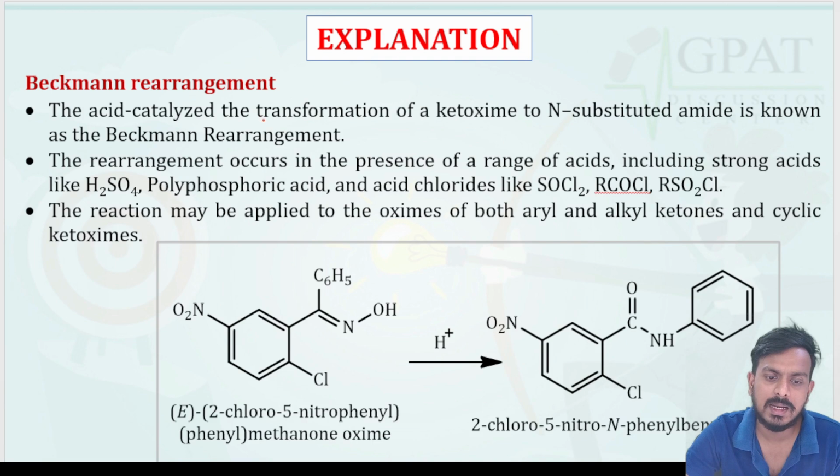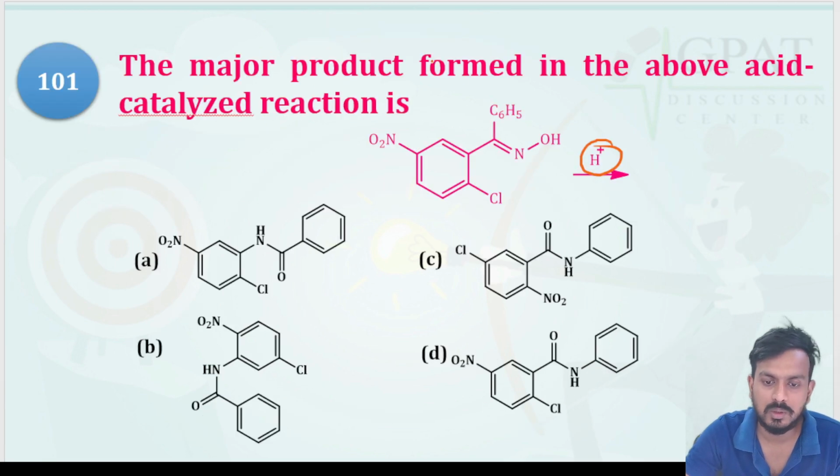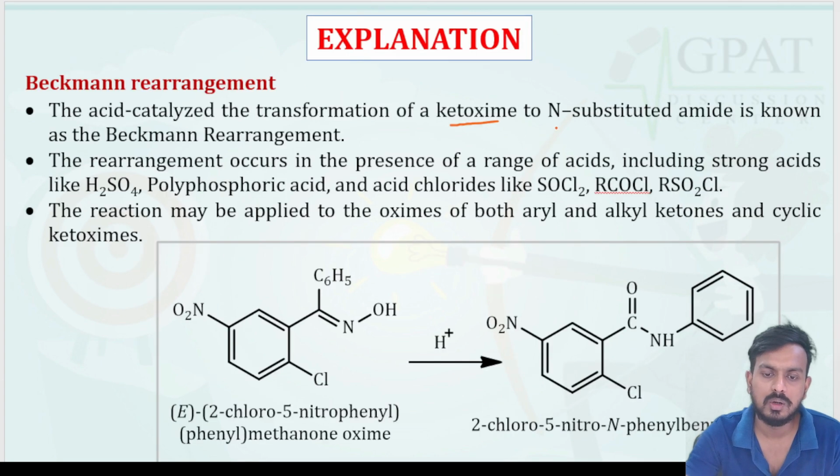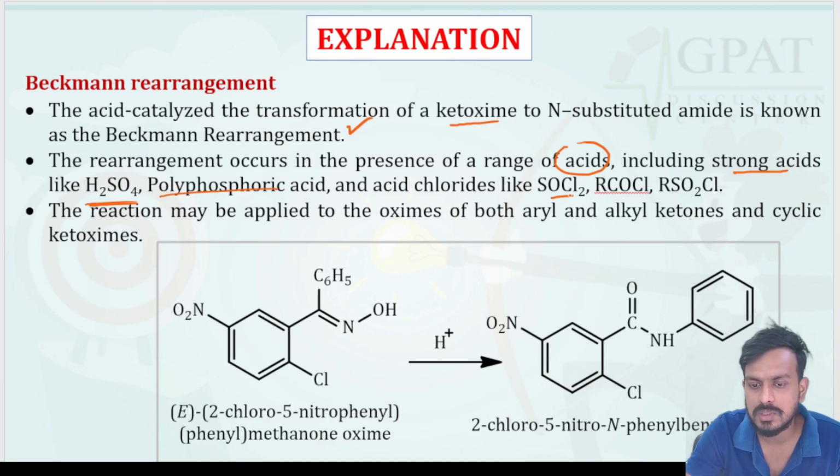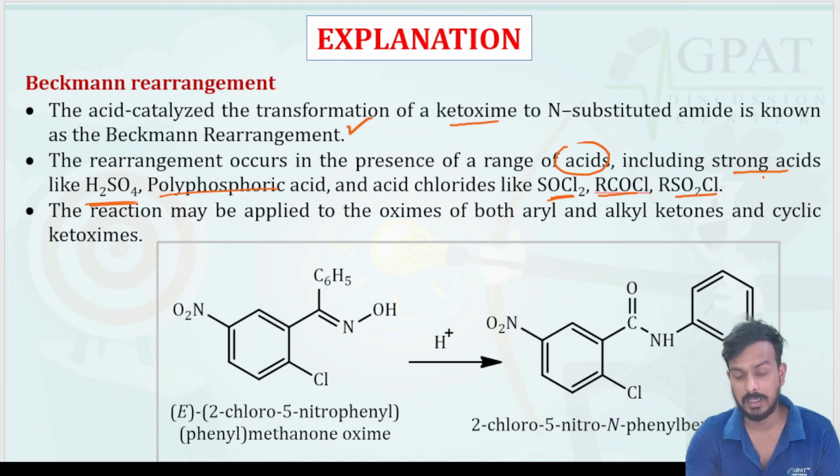The acid catalyzed transformation of a ketoxime to an N-substituted amide is known as the Beckmann rearrangement. The rearrangement occurs in the presence of acids, including strong acids like H2SO4 or sulfuric acid, polyphosphoric acid, and acid chlorides like SOCl2, POCl3, and SO2Cl.